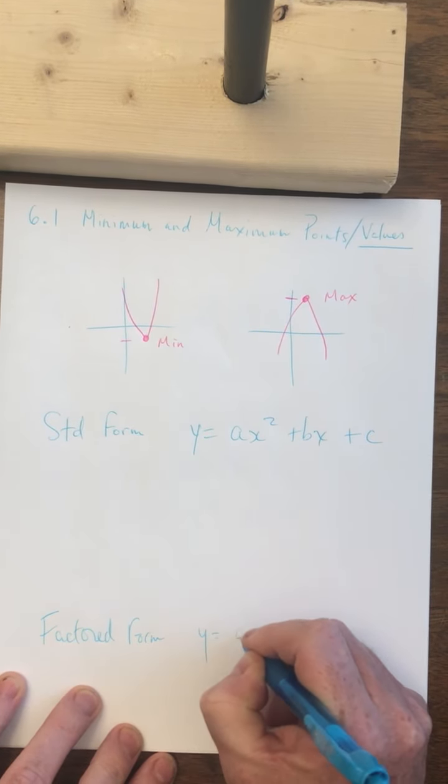So I guess step 1 would be brackets. Step 2 is to take the b value, 8 divided by 2 equals 4, square that, and we get 16. And we can add that in. And I'm going to put the plus 16 inside the brackets, and I'm going to put the minus 16 outside the brackets, save a step.